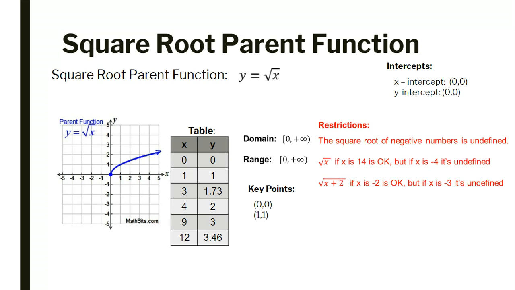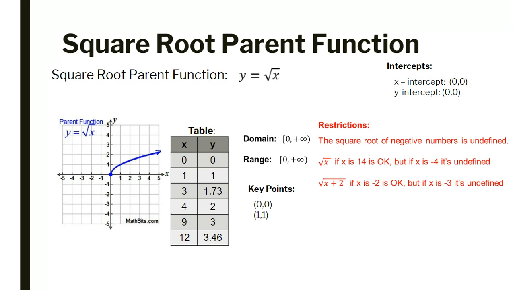So, for example, the square root of 14 is okay, but the square root of negative 4 is not. It is undefined. And you can see that on our graph. If you go to x equal negative 4, there are no y values. That's because the function does not exist there.